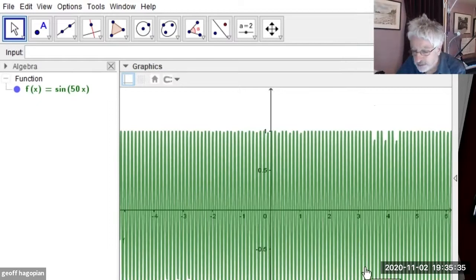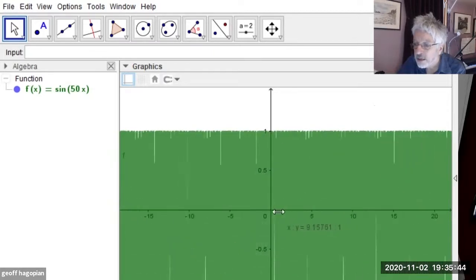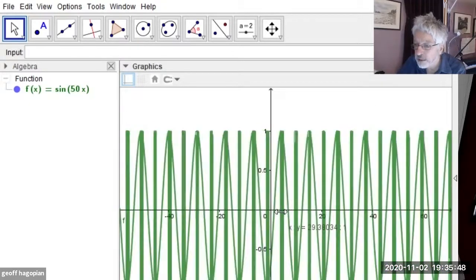So what happens when the sampling doesn't quite work, right? As I compress this in here, we see that the sampling gets so dense that, whoop, what happened there? Whoa, what's going on here? Yeah, this is what's called aliasing.